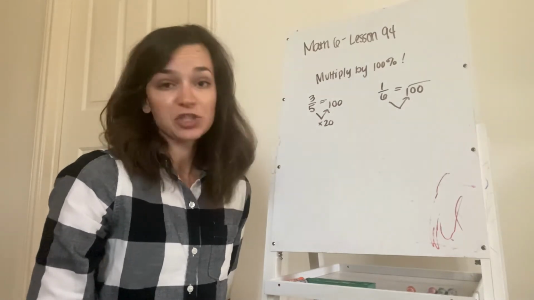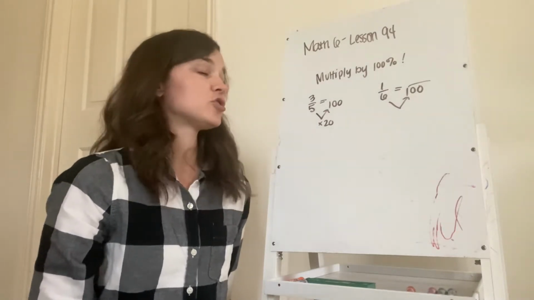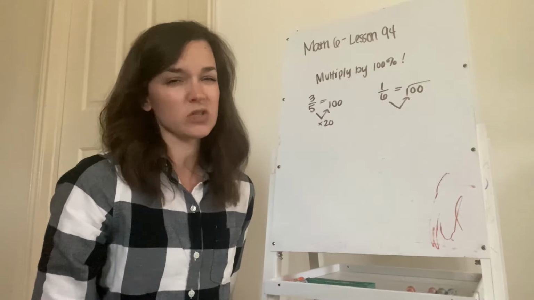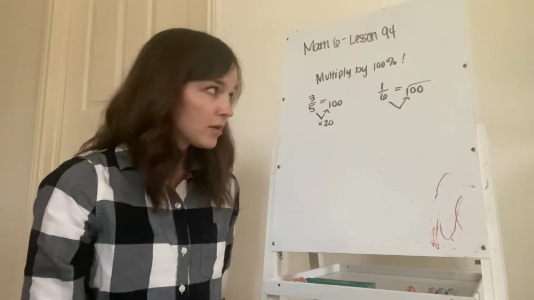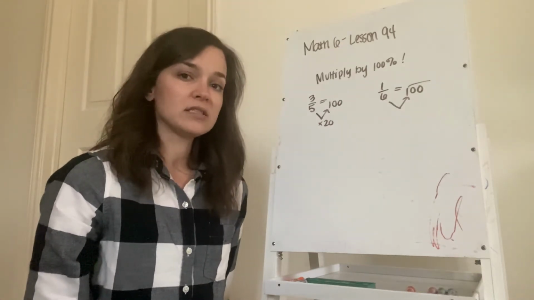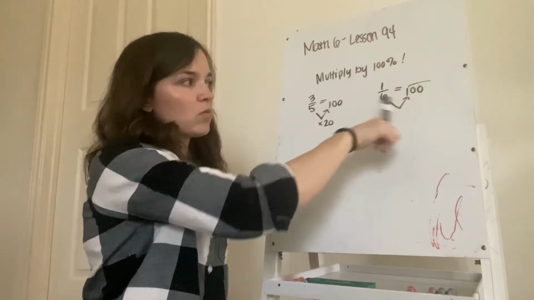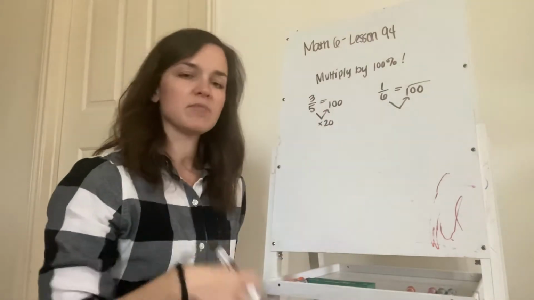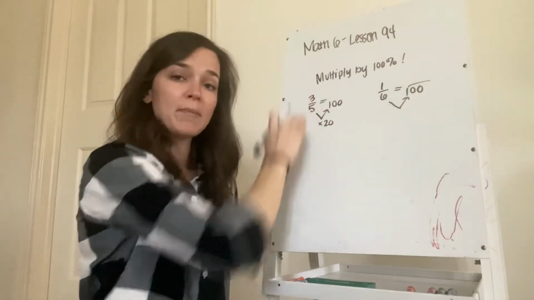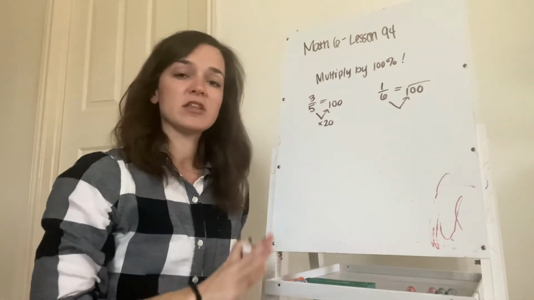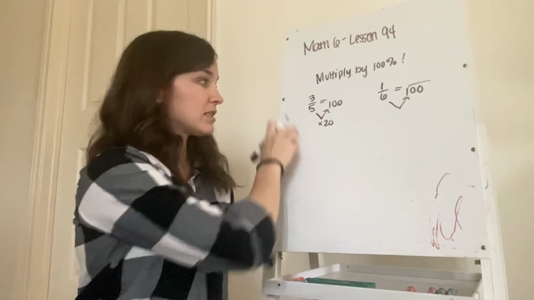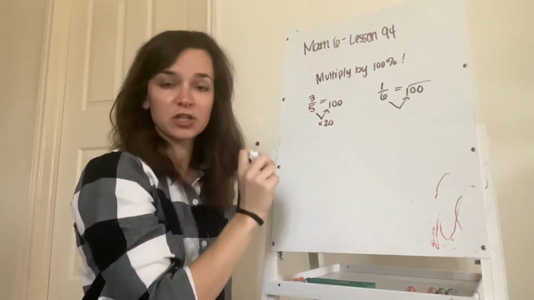We don't, and there actually isn't one. Because there's not a whole number that multiplies by 6 to give us 100, that makes this a little bit messy. So that's why we're gonna look at a different method here, because that way we don't have to do all the work to figure this part out. The method where we multiply by 100% gives us something that's gonna work across the board, whether it's this type of fraction or this type of fraction.